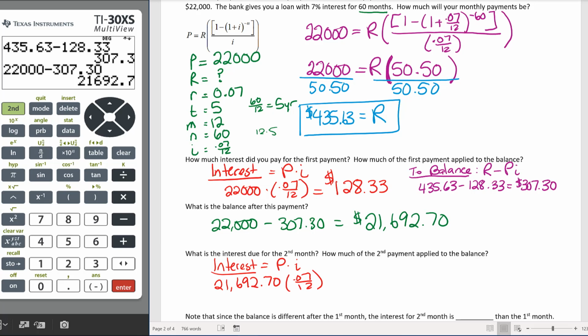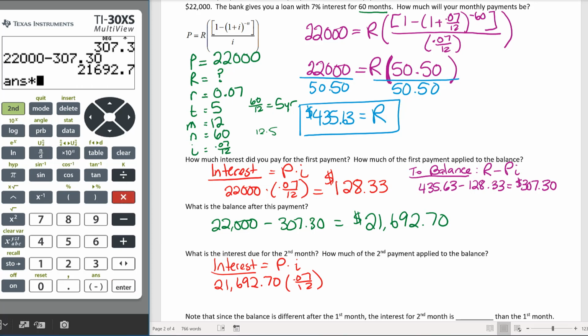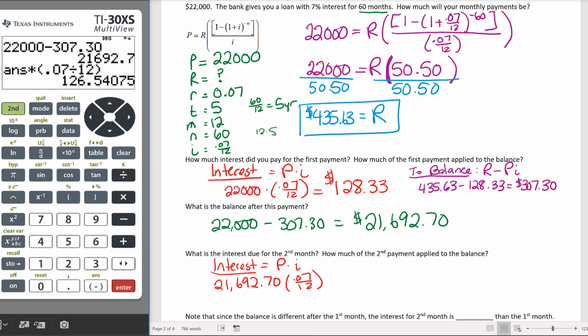So I already have the 21,000, so I'm just going to hit multiply by 0.07 divided by 12, and that gets the interest for the second month as $126.54.